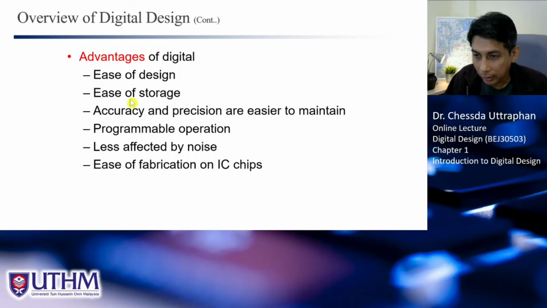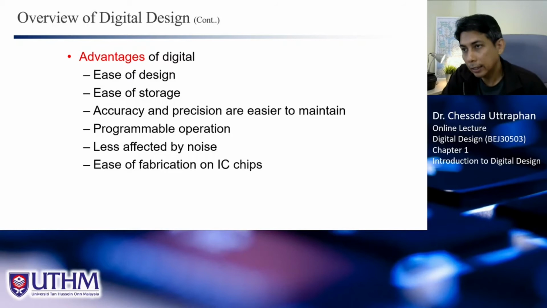Ease of storage, easy to keep, to save, to store. This is advantage number 2. Because the digital value or digital signal is represented in binary number, number 0 and number 1. So it is easy to store.